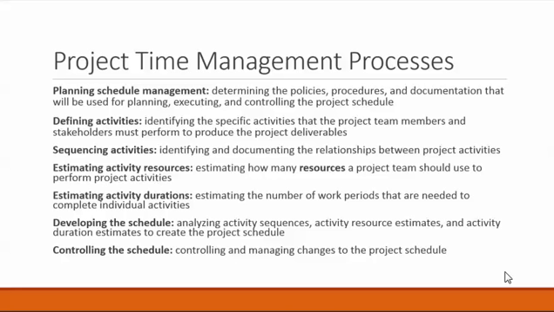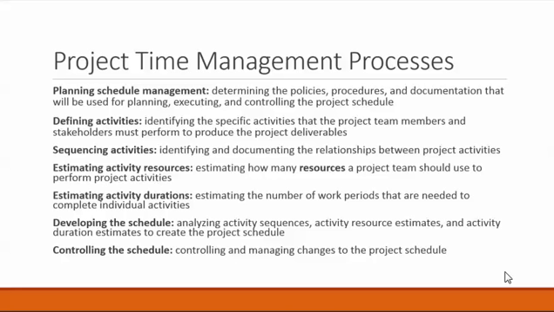So we determine based on our scope what we need to do activity wise to accomplish the overall scope. We then sequence the activities, making sure that things are done in the correct order and that the relationships between the activities are set up in such a way that we're not doing something before something needs to be done or should be done, that it's sequenced in the proper manner.